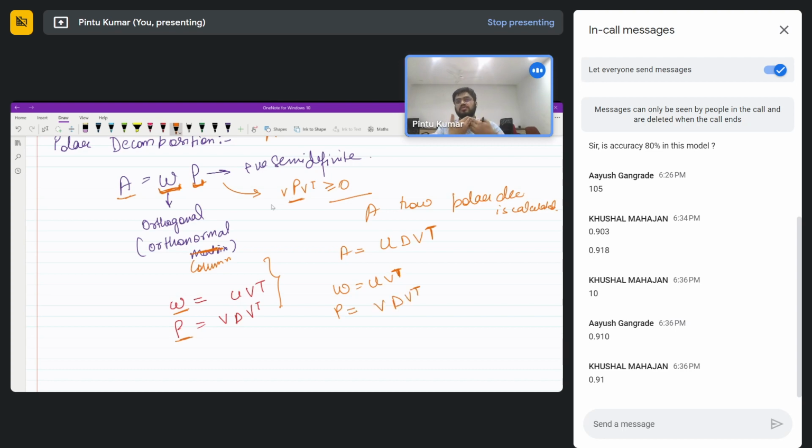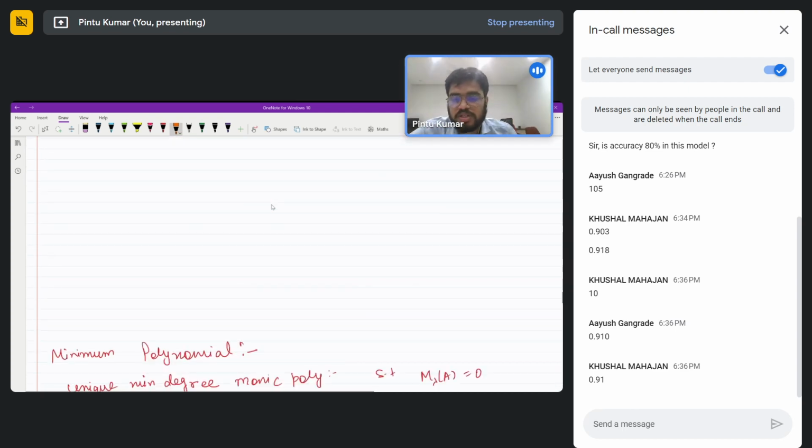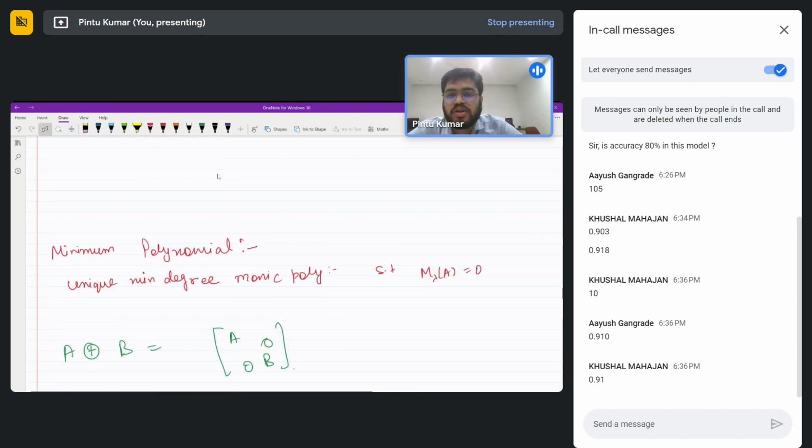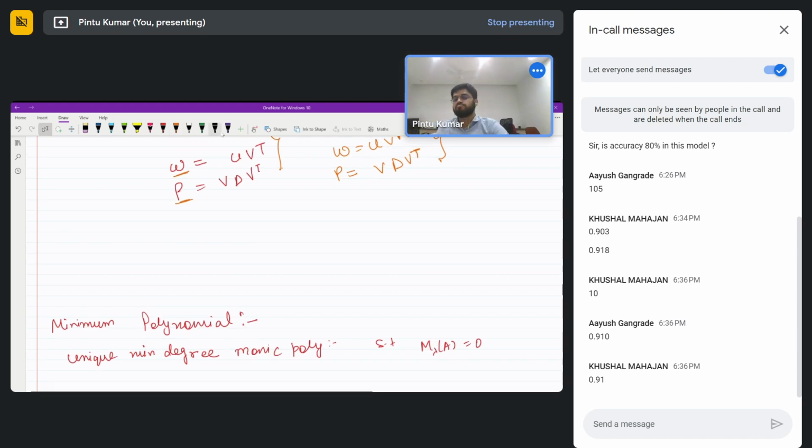So if somebody tells you to find the polar decomposition, you first find its singular value decomposition, and then using the U, D and V transpose obtained, you can straight away find your polar decomposition. Okay, so I'll talk about polar decomposition only this much, and then we'll move to this Jordan canonical form.